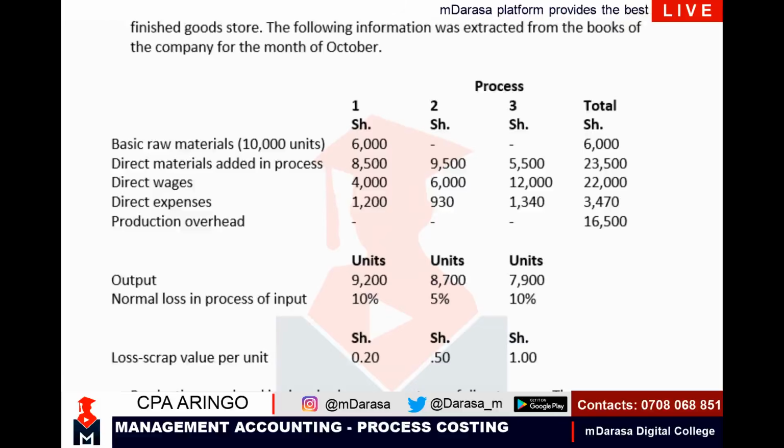So I should be having direct expenses given in our question. We are given direct expenses of how much? 1340. That's the figure that we'll be talking about, 1340. So I should be having 1340 here.